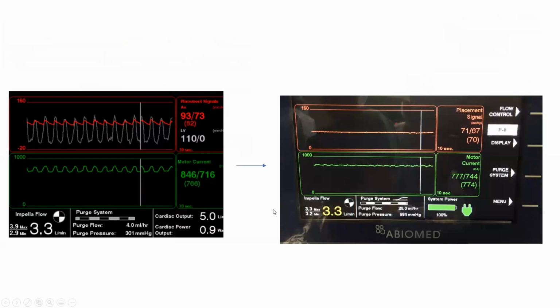One additional note, when you're using Impella, it's a good practice at the end of the case to see, did Impella help me? This is how you build your experience of when to use Impella.